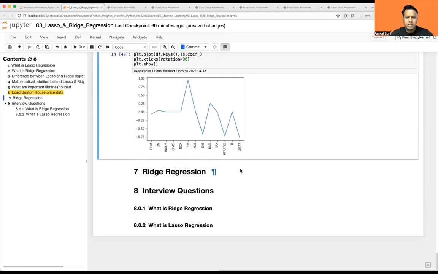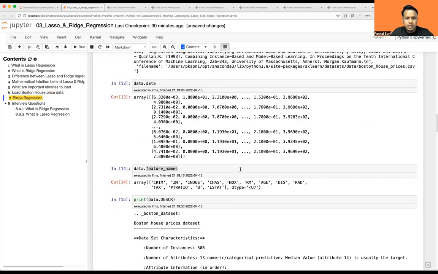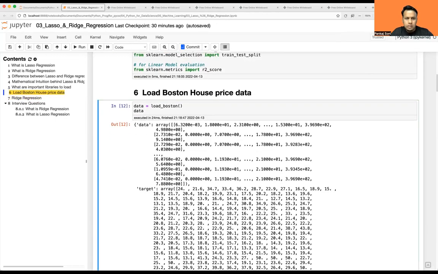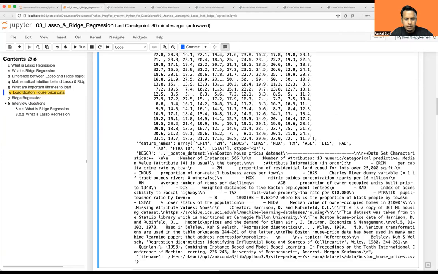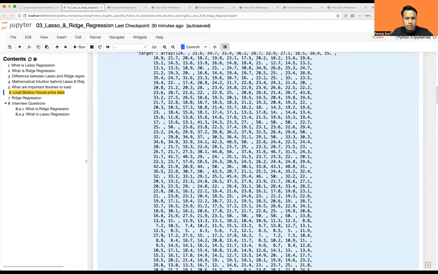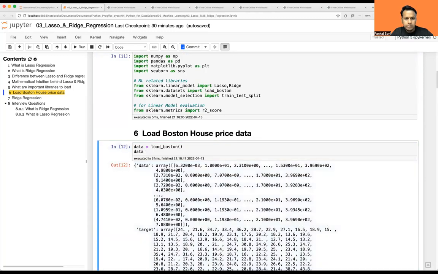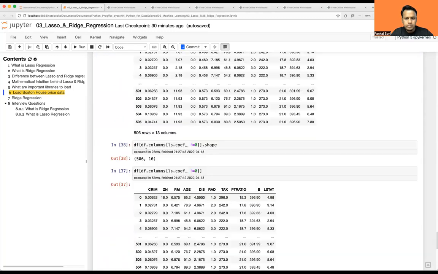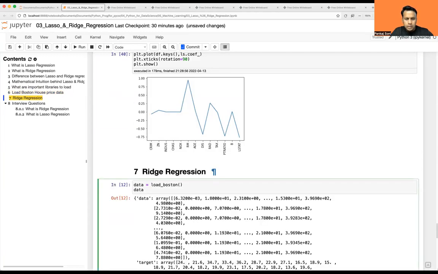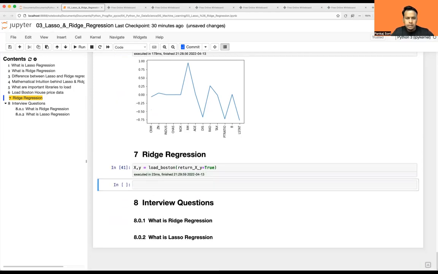Okay, now let's see the ridge regression. So I'll take the same data here. Let's take only this value. Okay, so what I'll do, I'll just make X, y and load Boston, and here return_X_y equal to true. We'll quickly do the regression model.